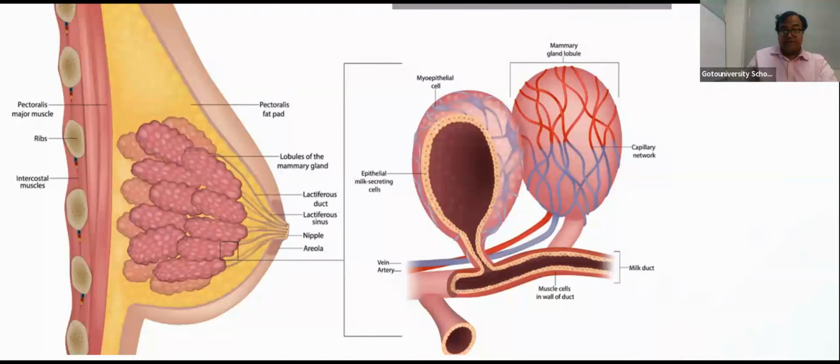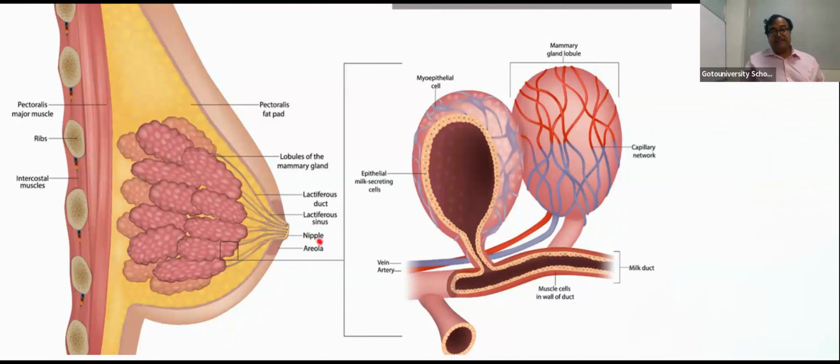In this particular structure, you can see the nipple and the areolar tissues. This areolar tissue where I kept the dot, you need to understand what it is exactly rich in. Fat.